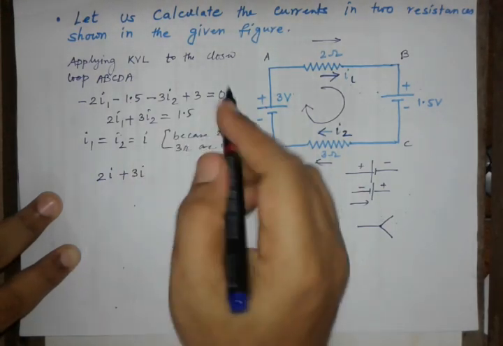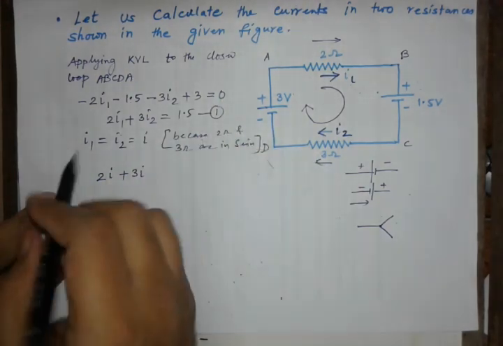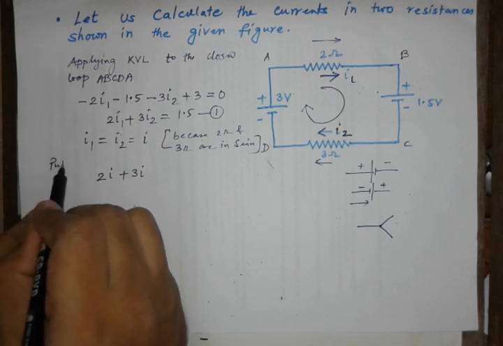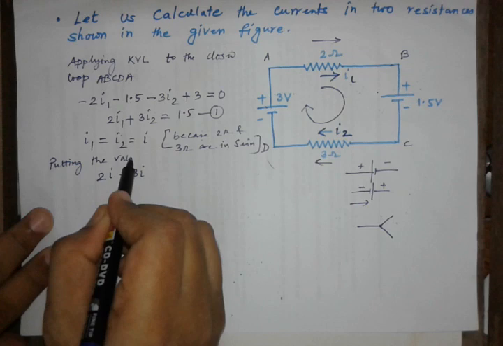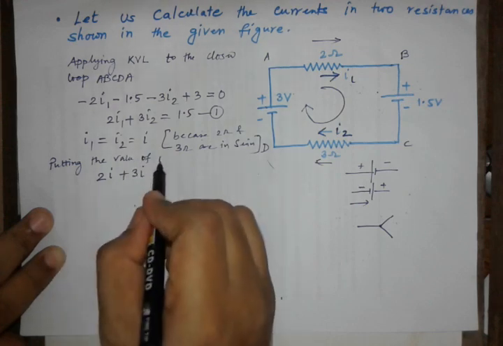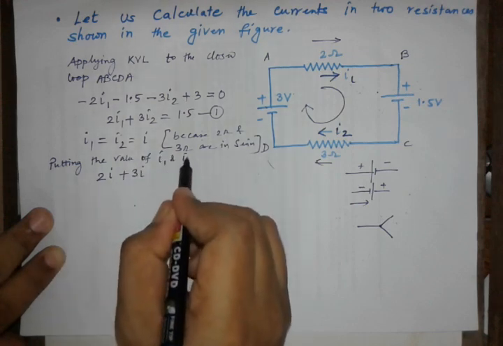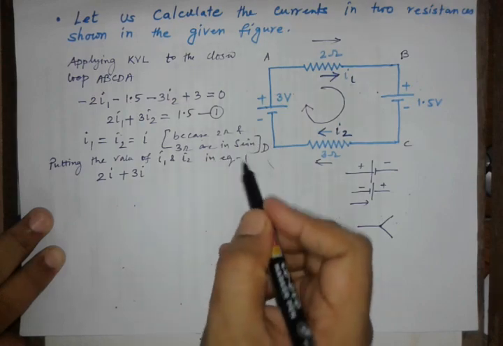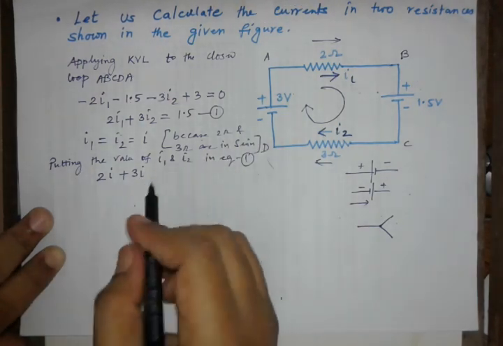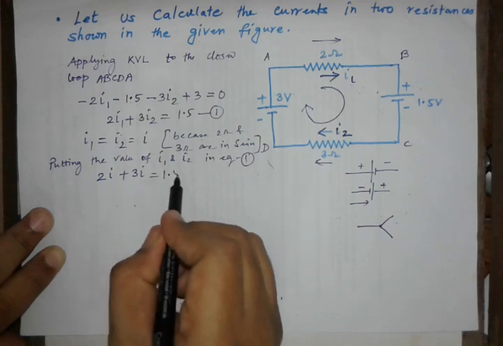Putting the value of I1 and I2 in equation number 1, you get 2I plus 3I is equal to 1.5.